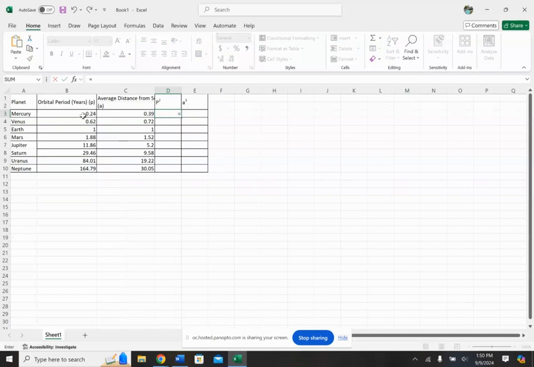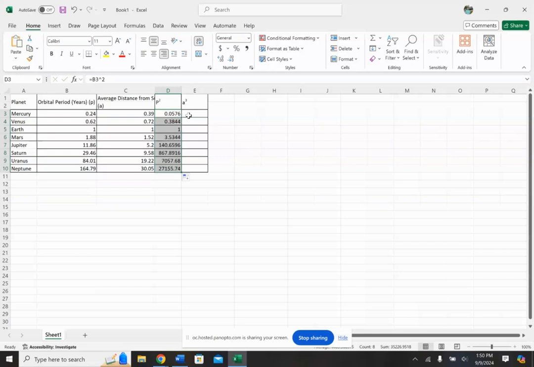So you see I did it this way, P squared, and then click over here again and simply double click, and then you'll see P squared. And exactly in order to get A cubed, I come to this point, this is A and cubed, you see, and then press enter, come to this cell and double click here.